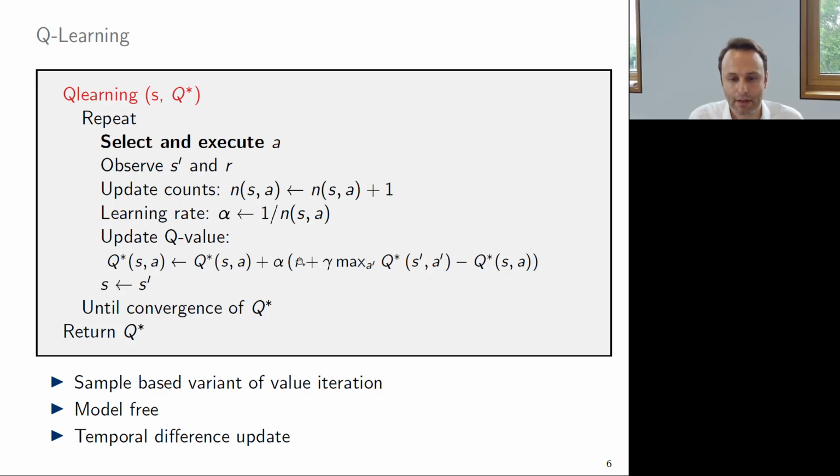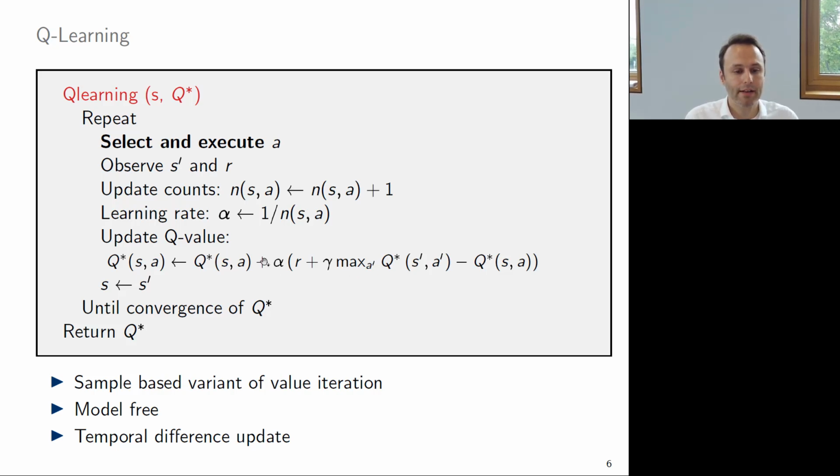So this is the TD target, the immediate reward plus the discounted future reward, and we take the best one that we can get, and then we subtract our previous estimate from this, and the difference is going to be the signal that we get.